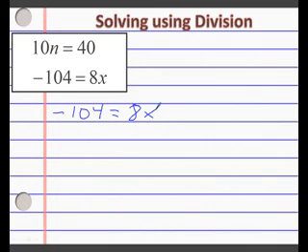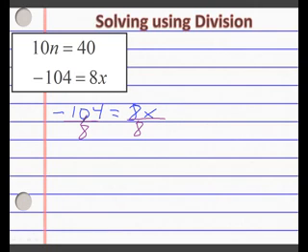I look at my variable, and it's 8 times x. So the opposite of 8 times x would be to divide by 8, and I have to do that to both sides.